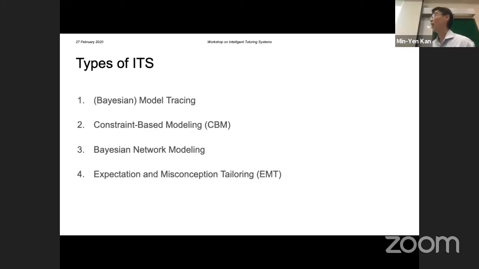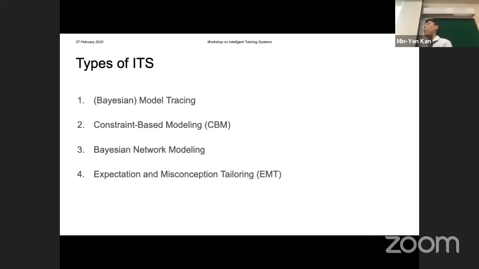Okay, so the student model, a lot of the work is on how to do student diagnosis. The different types of intelligent tutoring systems are really based on how they do the student model, the student diagnosis. So the first one is Bayesian model tracing. They use Bayesian methods to estimate the probability that you master this concept or skill.